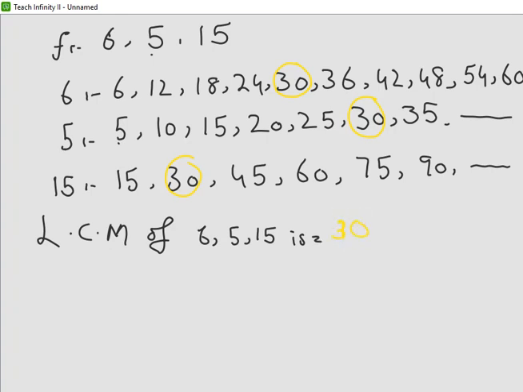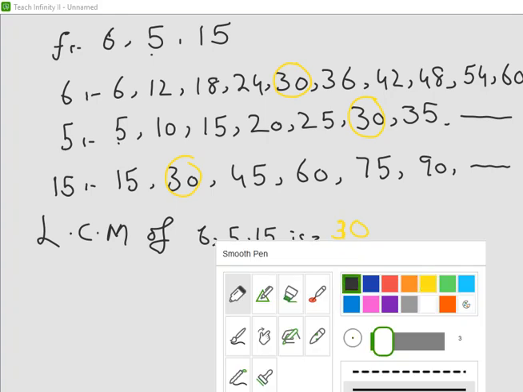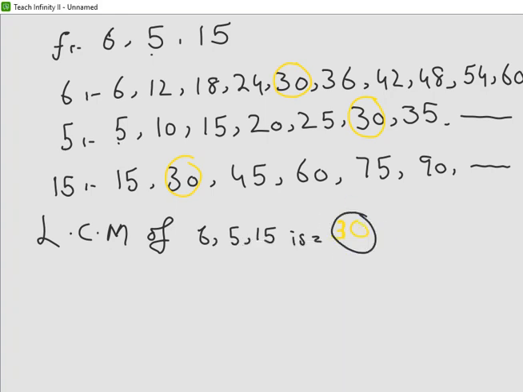So 30 is the lowest common multiple of 6, 5 and 15. I think you guys got the topic.